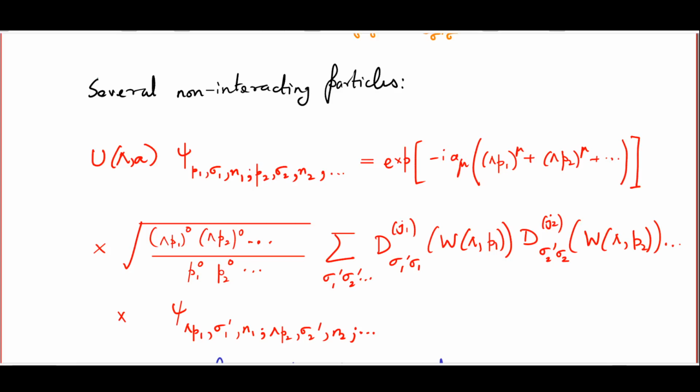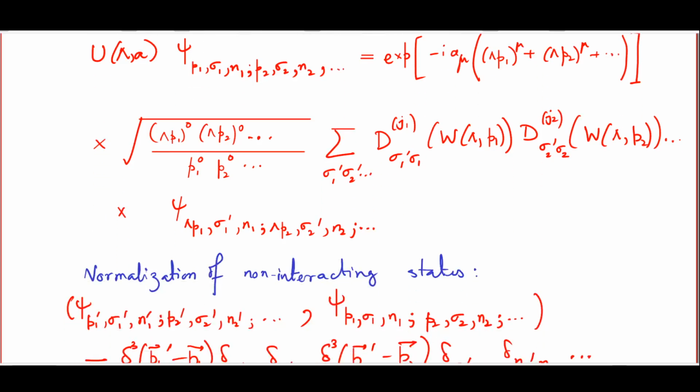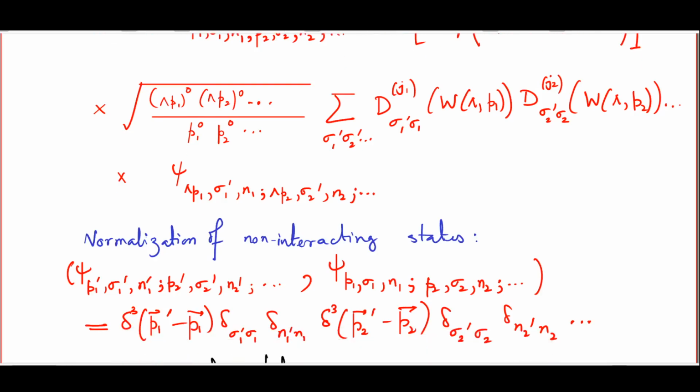Now we also need to worry about certain technical things here. One of them is the normalization of these multiparticle states. So if you take two such multiparticle states labeled by P1 σ1 n1, P2 σ2 n2, and so on for one such state, and P1' σ1' n1', P2' σ2' n2' for the other, their inner product will essentially mimic the orthogonality that these states have at the single particle level by giving you products of various delta functions or delta symbols.